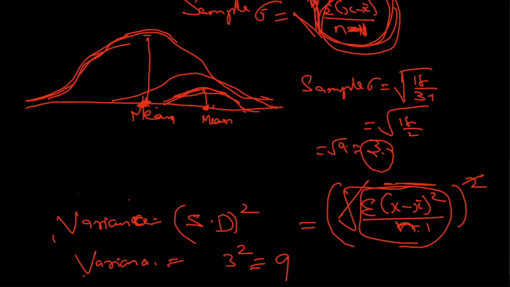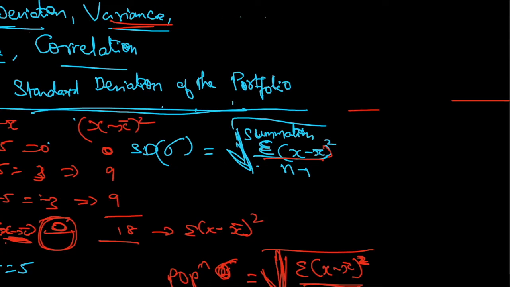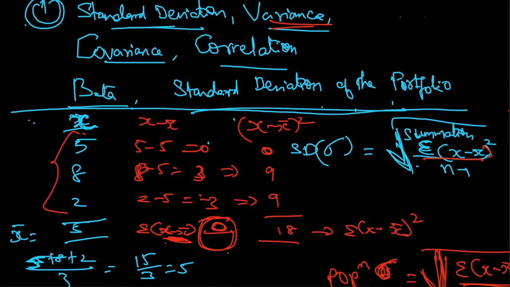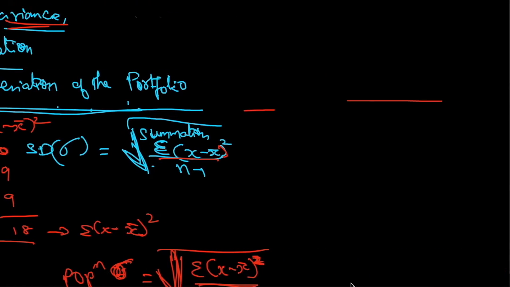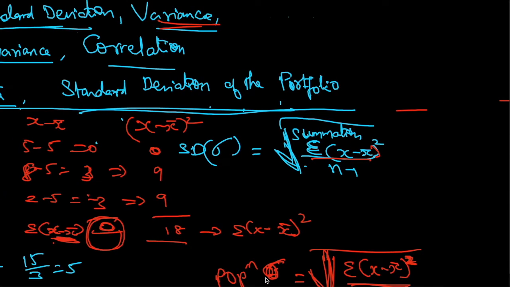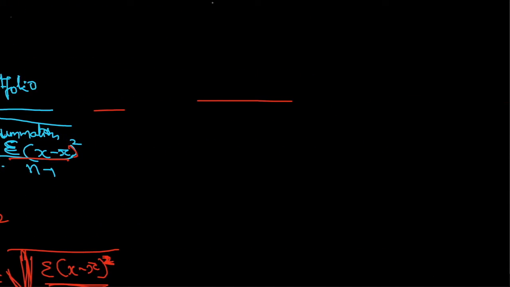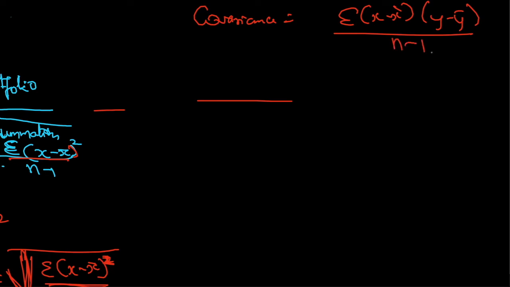The next formula is covariance. The formula for covariance is equal to summation of (x minus x bar) into (y minus y bar) divided by n minus 1.